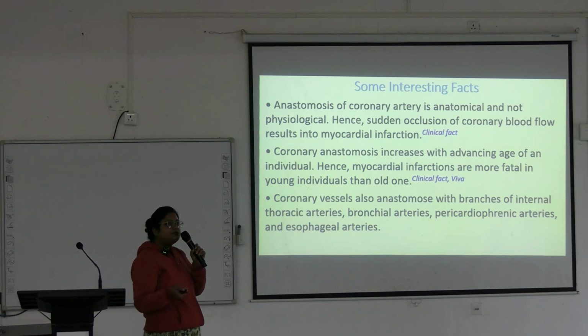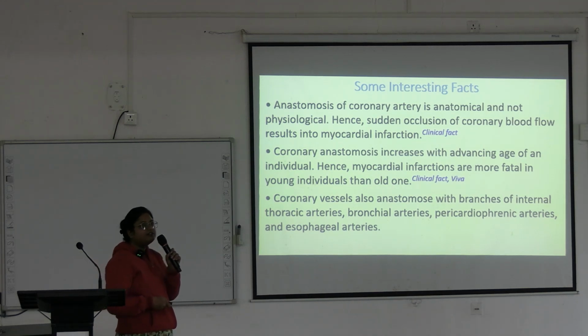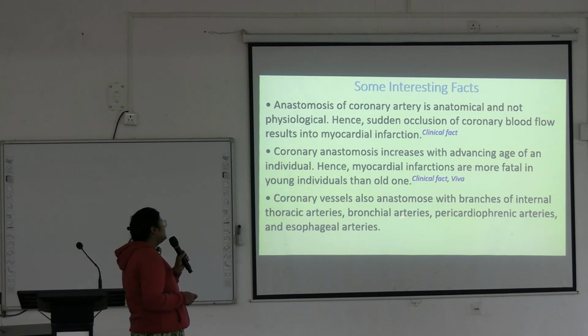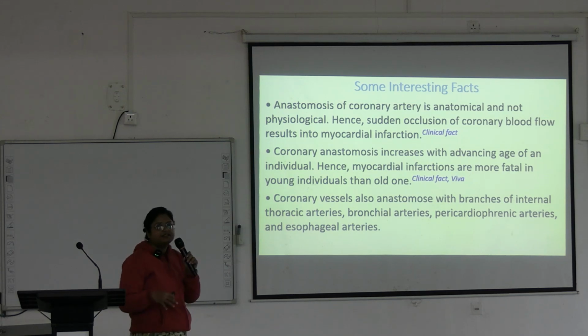Okay, because with age anastomosis increases, so there is high chance of perfusion through this anastomosing part. And coronary vessels also anastomose with branches of internal thoracic arteries, bronchial arteries, pericardiacophrenic arteries and esophageal arteries. That means nearby arteries can also anastomose with them.